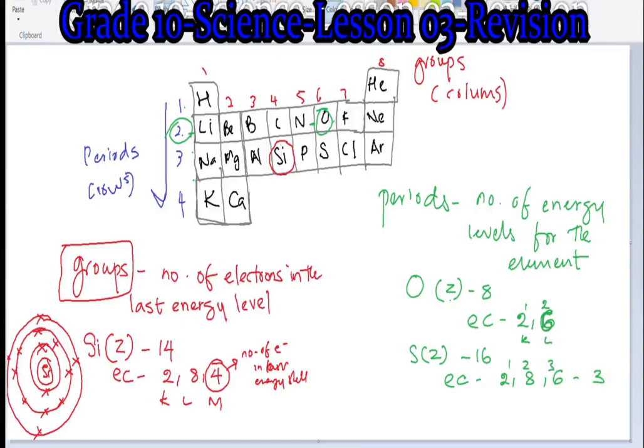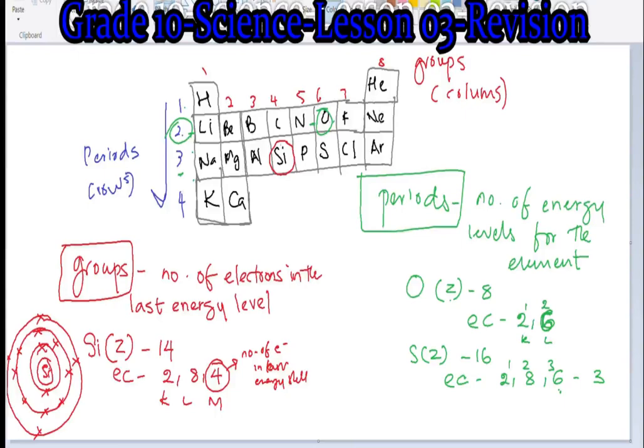That's why it is in the third period. What is the number of electrons in the last energy level? 6. That is why it's in the 6th group. So this is the relationship between groups and periods. Using this, you can position any element in the periodic table.